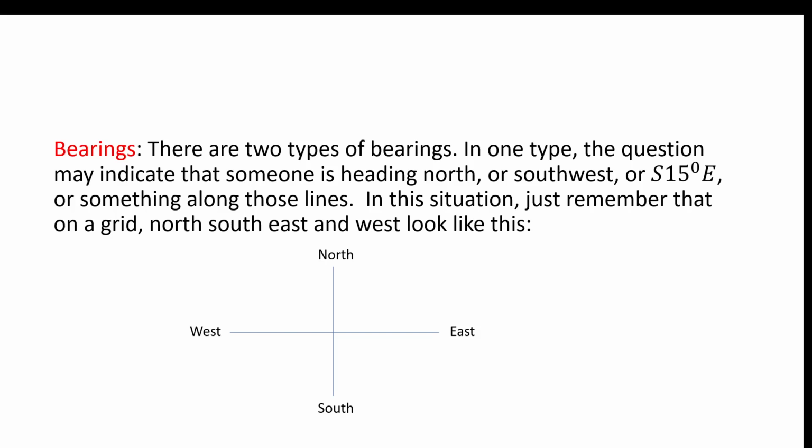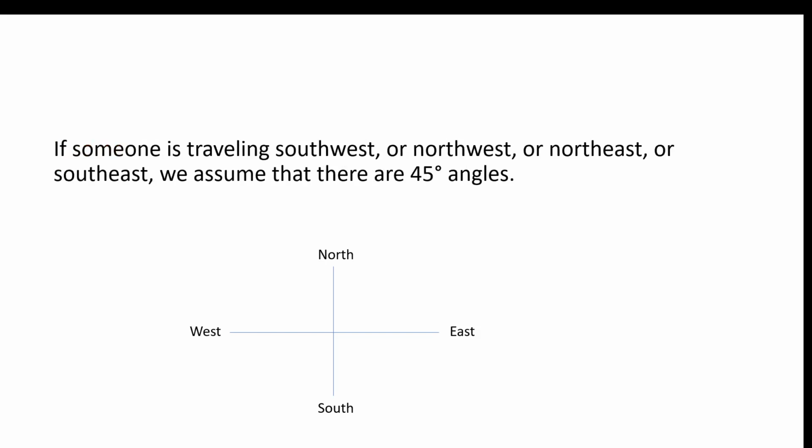Now, we also talk a lot about bearings. There are two types of bearings. In one type, the question might indicate someone is heading north or southwest or south 15 degrees east or something like that. And in those situations, just remember that on a grid, north, south, east, and west look like what you see on your screen. And now, if someone's traveling southwest or northwest or northeast or southeast, there are 45-degree angles.